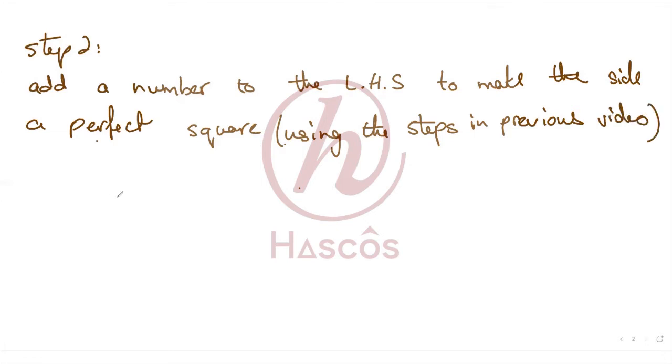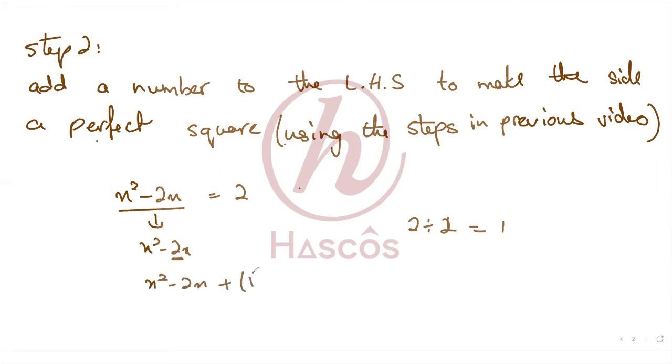So you have x squared minus 2x equals 2. On the left hand side, you have x squared minus 2x. Now if you need to make this side of the expression into a perfect square, you know that you need to divide the middle term by 2. 2 divided by 2 is 1. And then you need to make it into a square and add it.